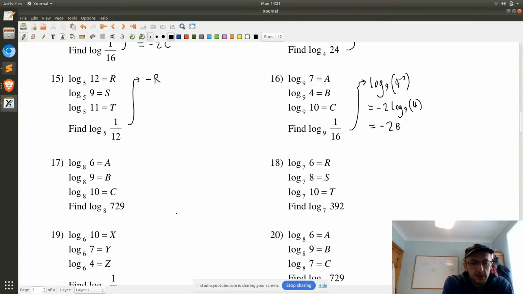Well, 729 is 9 cubed, so it's 3 times log base 9 of 9, so 3b.